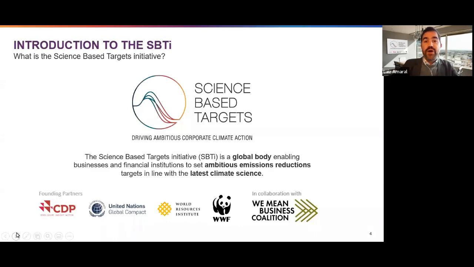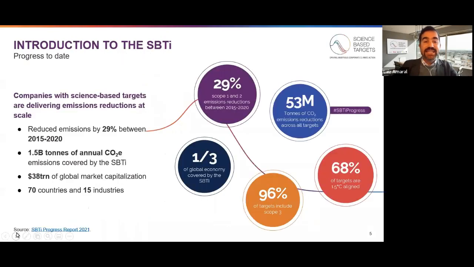With over 3,600 companies having committed to setting a science-based target and 1,700 of those validated, the SBTi is increasing ambition across corporate climate action. And there's evidence that companies with validated targets are delivering absolute emissions reductions at scale, leading the way on decarbonizing twice the rate of the global average. That's for the validated ones.